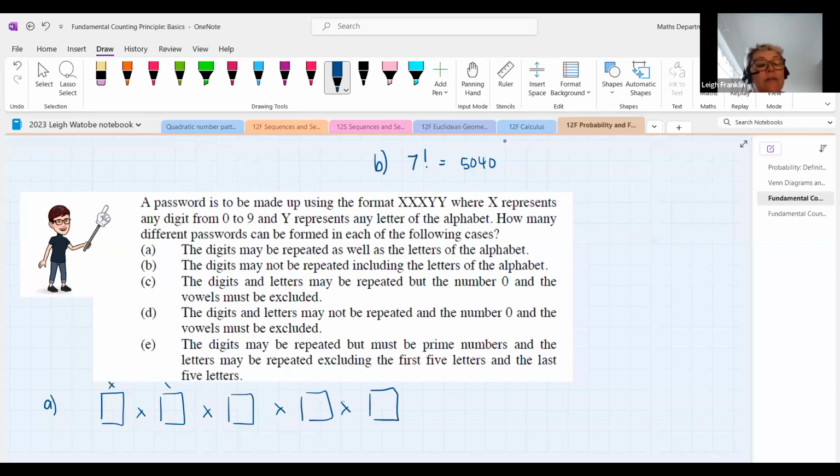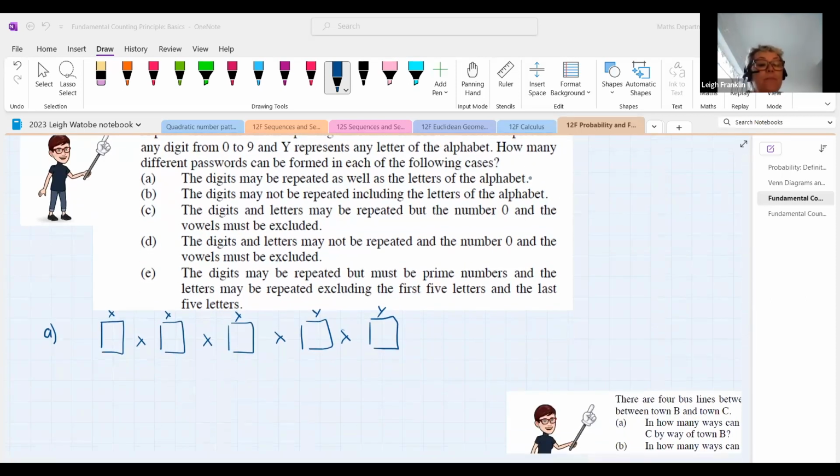Okay, so our digits are going where the X's are, and our letters are going where the Y's are. Okay, careful, Ayanda. That's Cheslin. That's correct. So what Cheslin has written there is 100% correct.